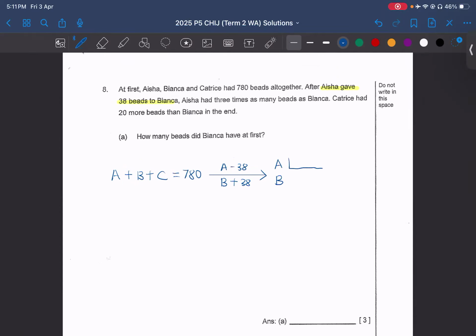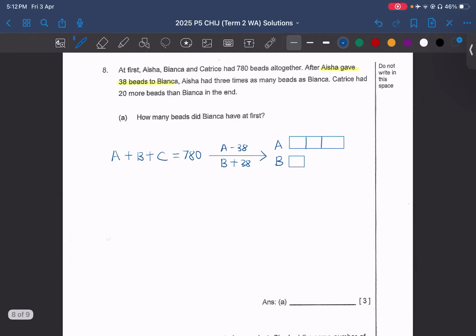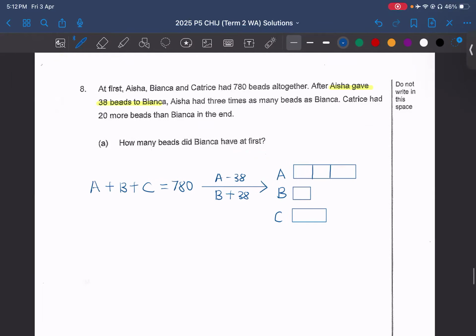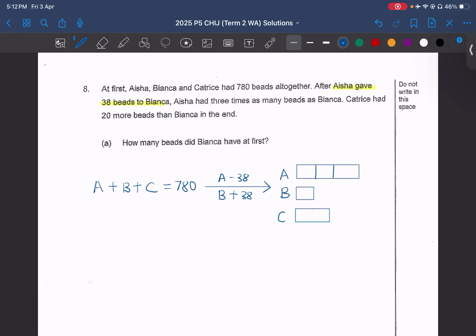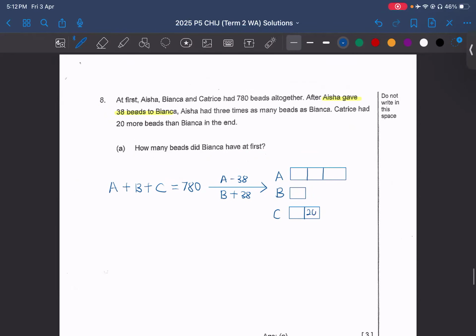Aisha will be 3 units, and Bianca would be 1 unit. And then Catrice had 20 more beats than Bianca, so Catrice would be bigger than Bianca, and the difference is 20.